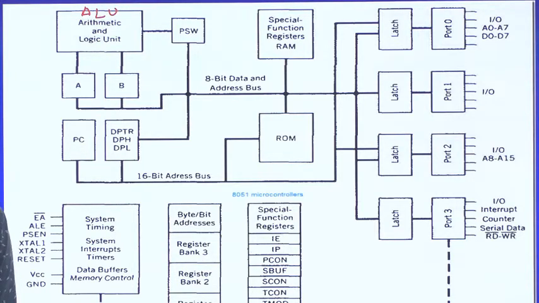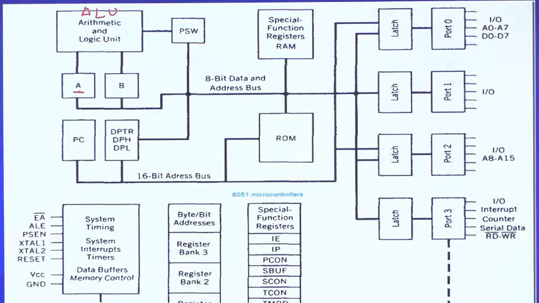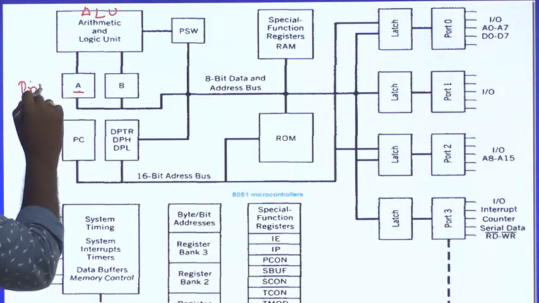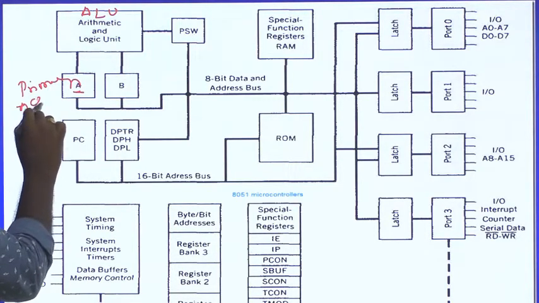And one more thing, these arithmetic and logical operations are performed through the accumulator. See here friends, A is the accumulator. This is a register called accumulator register A. More precisely, this A is called the primary accumulator.